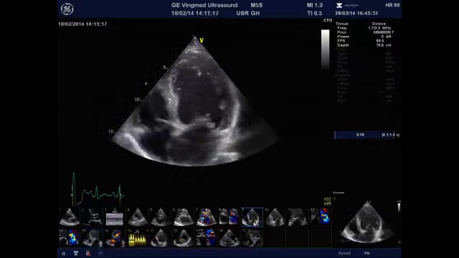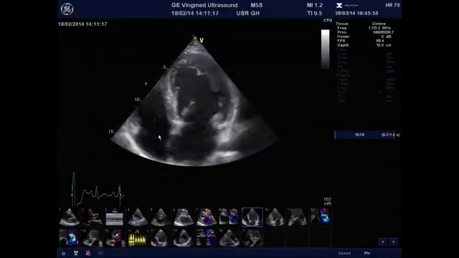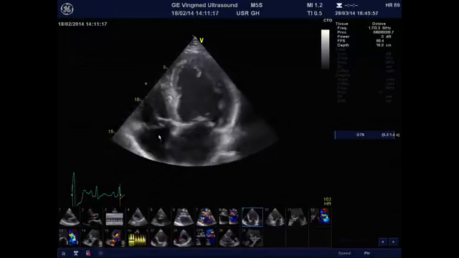Of course, this is something abnormal on the aortic valve, but also we have to look at the other valves. We will go further on the mitral valve in a few minutes, but look also at the tricuspid valve, and here we can see that there is also something abnormal, perhaps a vegetation, perhaps a destructive lesion.